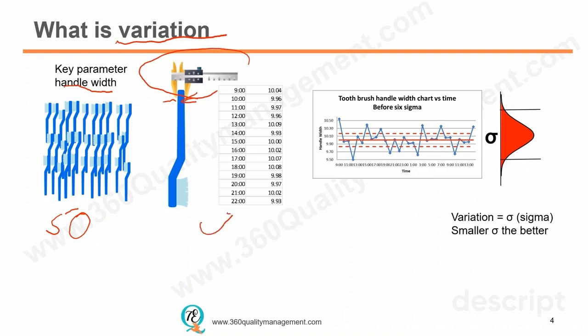Then the data is collected against time and width. Those data are plotted into a chart where the y-axis is the toothbrush width and the x-axis is the time. And we can see that as time goes by, the process is not very stable. It's like up and down.